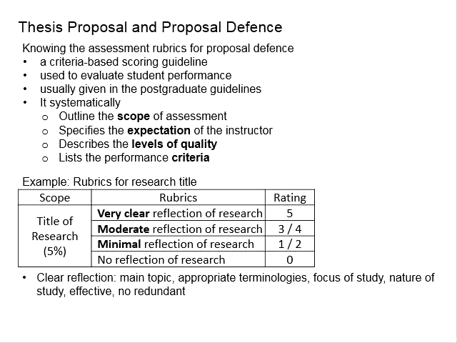It systematically outlines the scope of the assessment, specifies the expectations, describes the levels of quality, and also lists the performance criteria. As a student, you might not be able to imagine this, but later when we look into the example, maybe you will have a better picture of it.